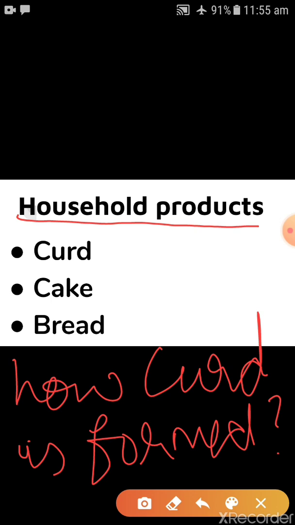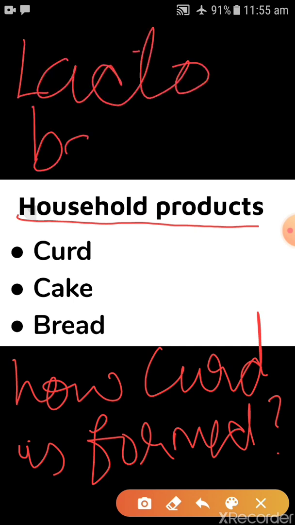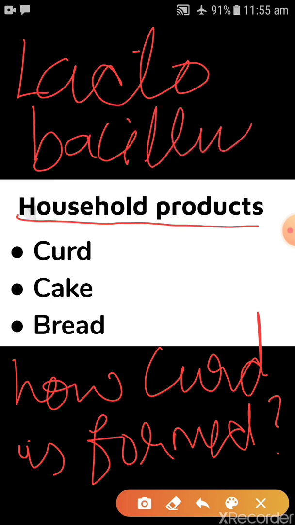For making curd, children, several microorganisms act. One of these, a bacterium called lactobacillus, is responsible for making curd. What happens, children? For making curd, we take one glass of milk and add half a teaspoon of curd, which we already have in the house.